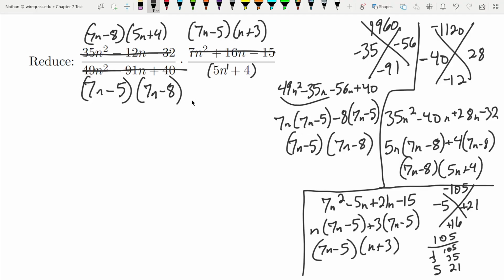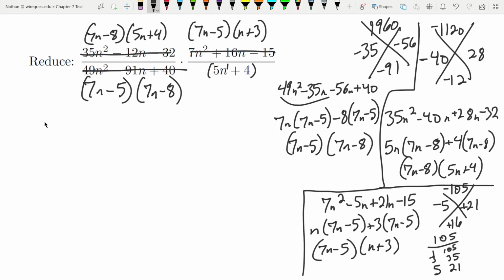All right. And I can cancel common factors. You can see I can cancel this and this one and this one, and even these cancel. However, I need to first exclude these denominators. So I have three things that have denominators that can equal 0.